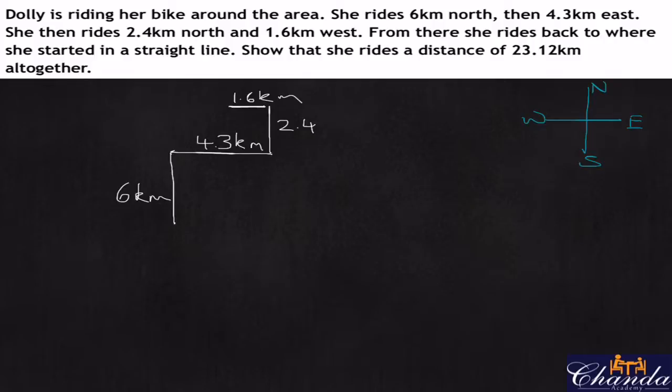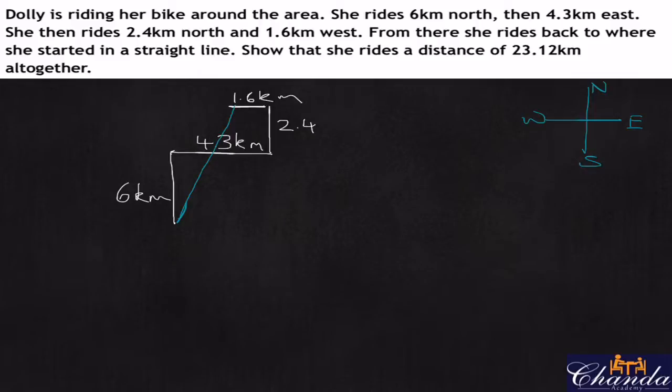From there, she rides back to where she started in a straight line. Now I'm just going to draw this out using a different color. So right there is the amount that she traveled straight back to her original point. The question says, show that she rides a total distance of 23.12 kilometers.